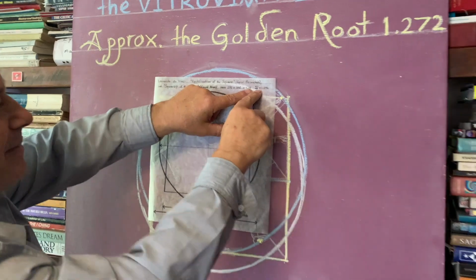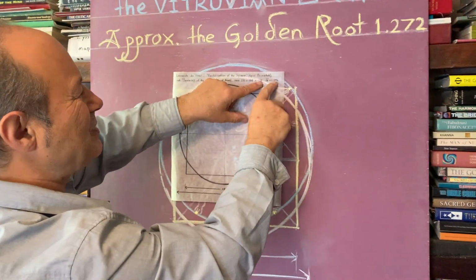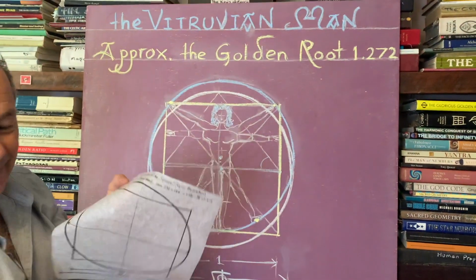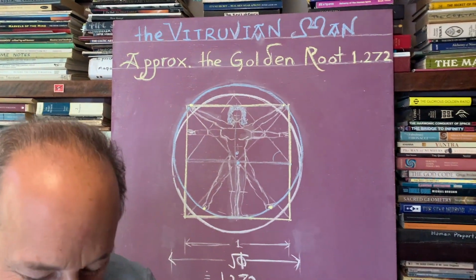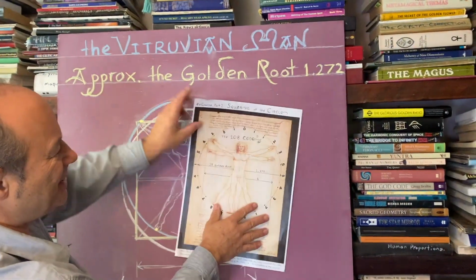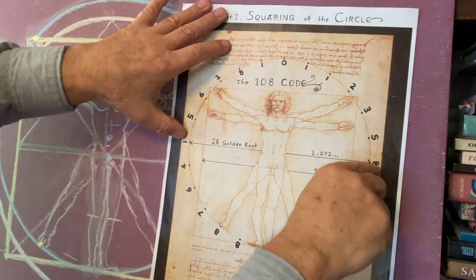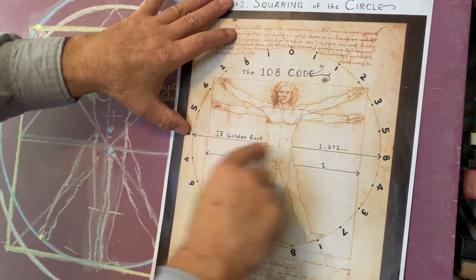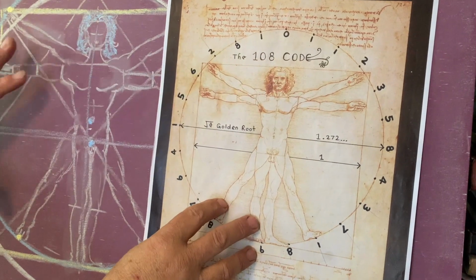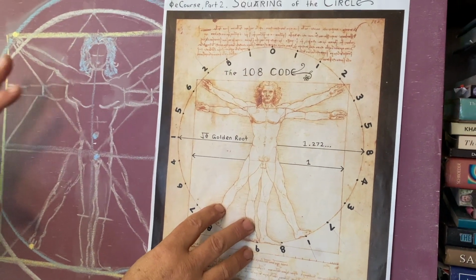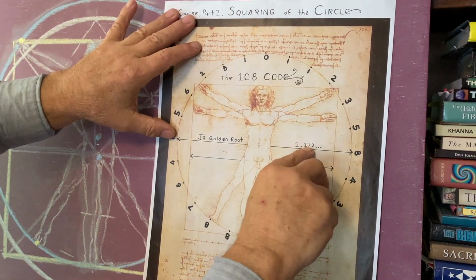But the golden root is 1.27. So you can see that when we measure what Leonardo da Vinci did here, the distance from there to there is 1.25, whereas the ideal, the heavenly perfected mathematics, is 1.272. So we're just under that.